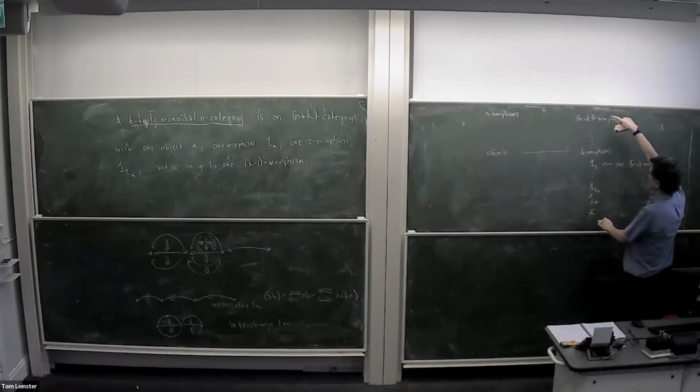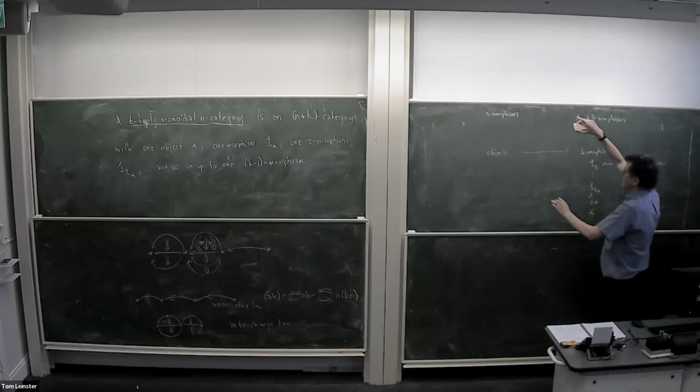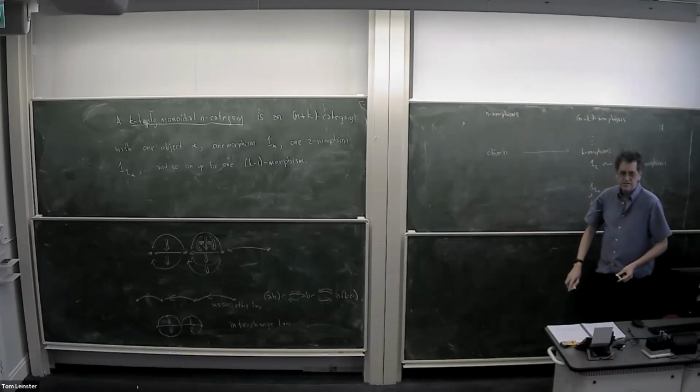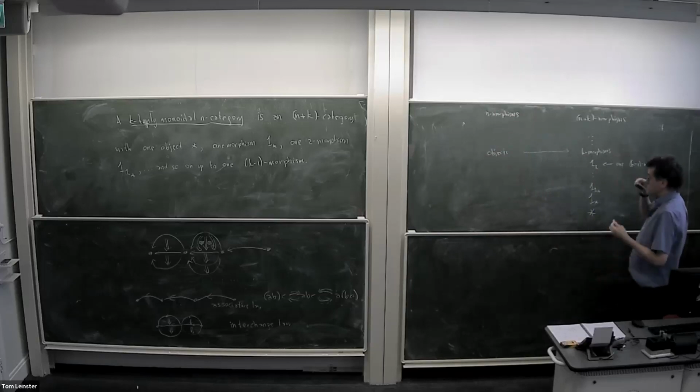So it's really an n plus k category with this special structure, but we're thinking of it as a special kind of n category. Does that make sense? So why is it special?